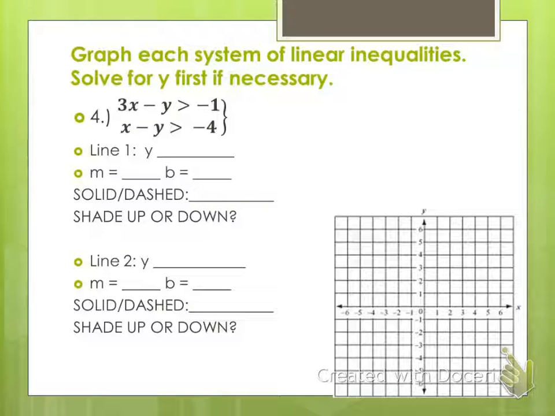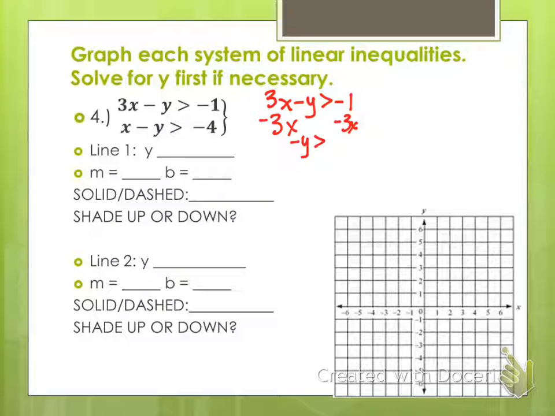Number 4, we need to get y by itself in both of these equations. We'll start with 3x minus y is greater than negative 1. Jamal Dixon, how am I going to get y by itself? Very good. Subtract the 3x.